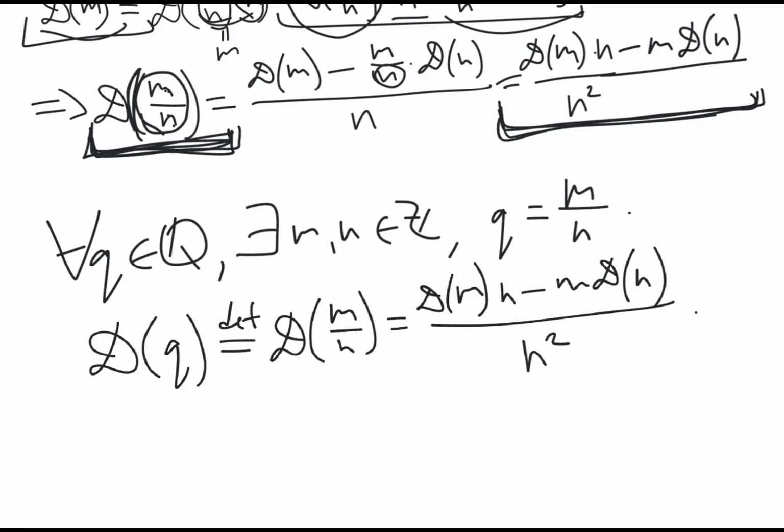So here the brackets are not needed, because q is equal to m over n, so this is the definition.